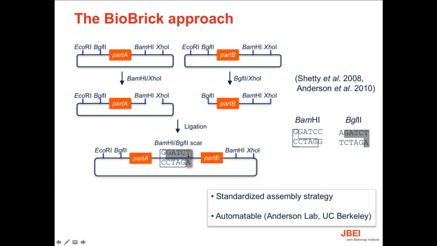Now, this is automatable and standardized, but pay attention to this scar sequence, because every time you fuse together two BioBricks, you're going to end up with one of these scars. The other limitation with BioBricks is you're only able to put together two things at a time.